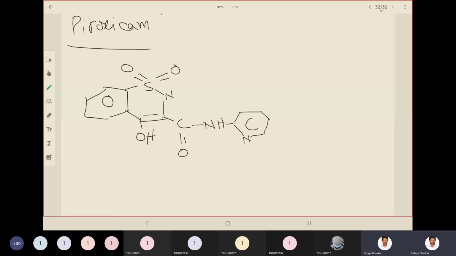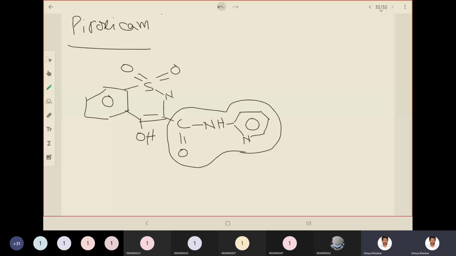So this is a pyridine linked through an amide bond to this moiety. What is it? Benzene fused with this ring, where you have sulfur dioxide, sulfur and nitrogen in the hetero ring.